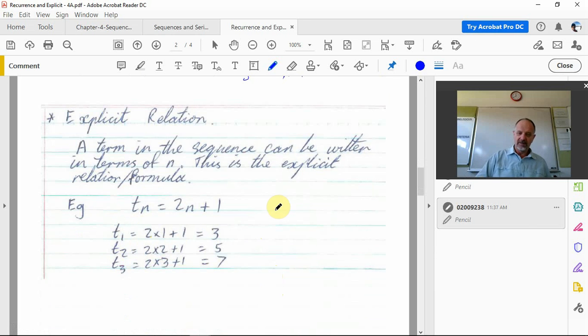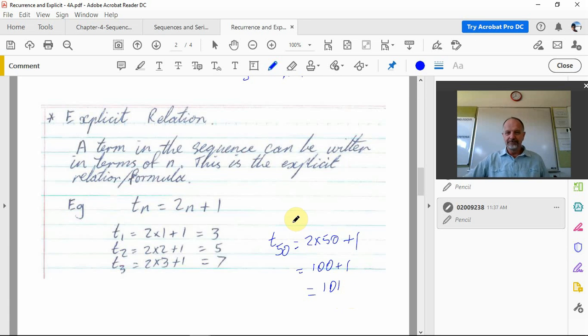And term 50 is 2 times 50 plus 1, which is 100, plus 1, which is 101. So much simpler than working through and doing 50 terms of calculations.